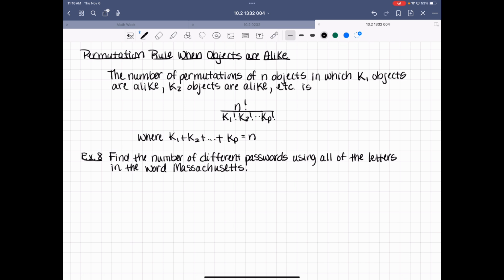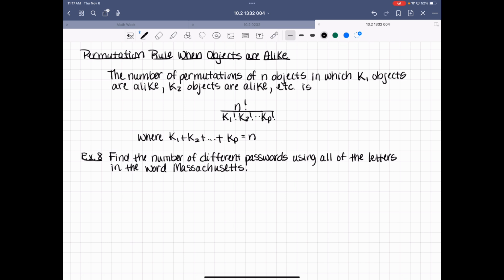The thing that makes it different, why we can't just say n factorial like we did with the 14 teams, was n factorial because we had 14 teams. We were choosing all 14 teams. Okay, this is a word with, I think it's 13 letters. We're choosing all 13 letters, but the problem is some of those letters repeat, like S repeats and T repeats, okay? So that makes it a little more tricky, okay?